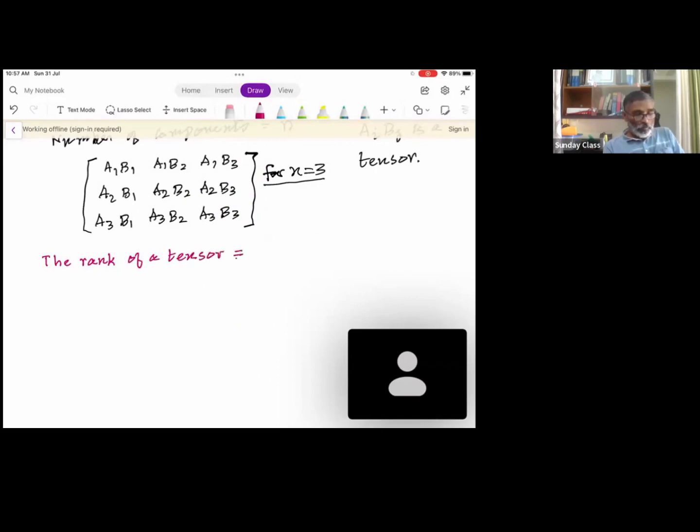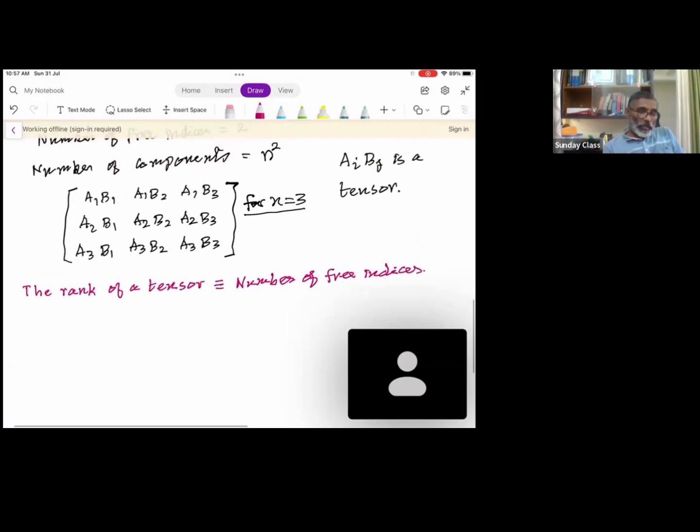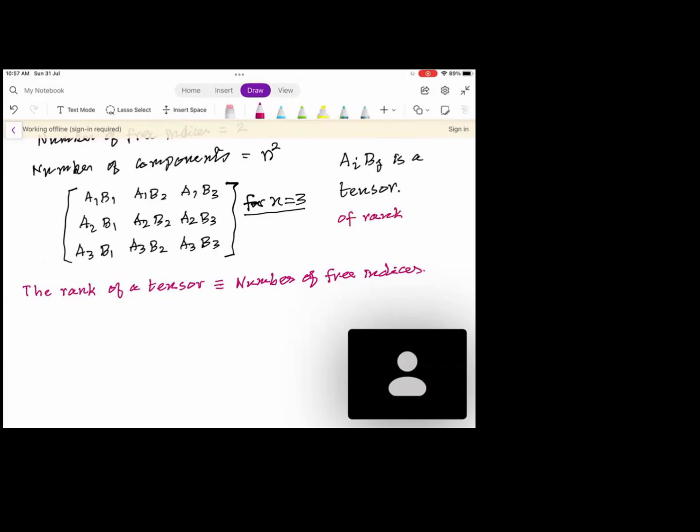The rank of a tensor is equal to the number of free indices. So this A_i B_j is a tensor of what rank? 2, sir.